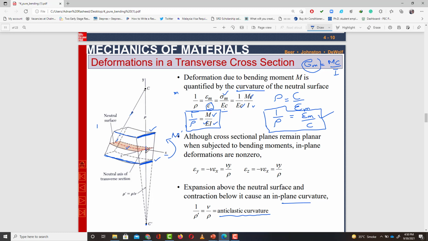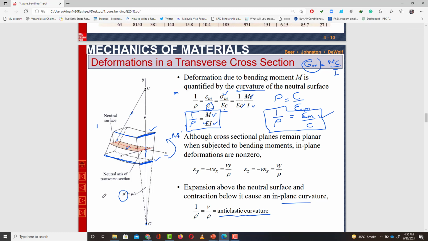So from the neutral axis to this C dash, because of this transverse expansion and contraction, there is also an in-plane curvature, and that is represented as rho dash, and this rho dash is equal to rho over nu.